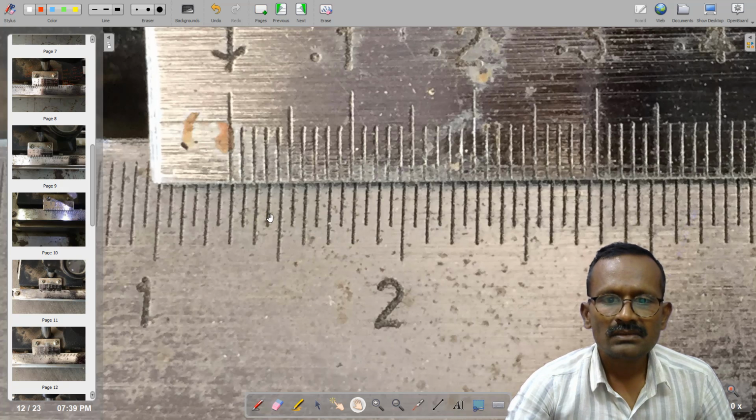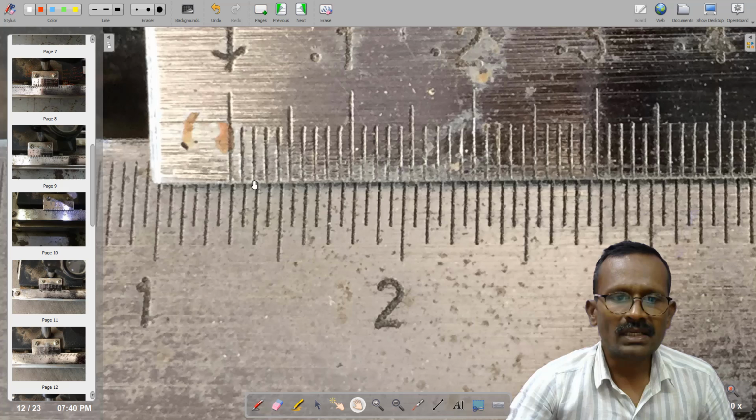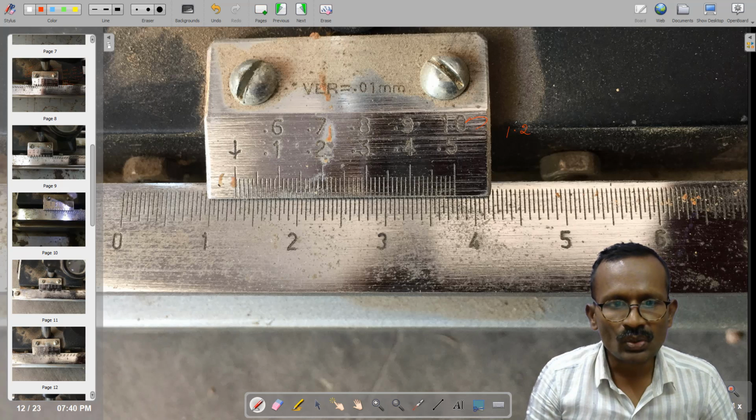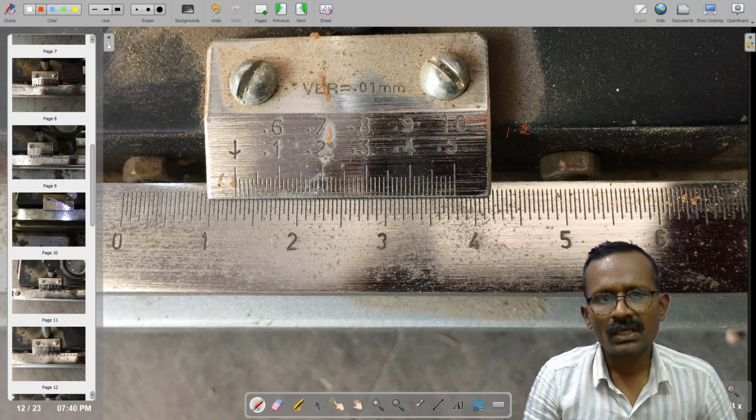Okay, now I take the second one. The vernier coincidence is 2. You have to take this one. What about this one? 2. This is 0.06.